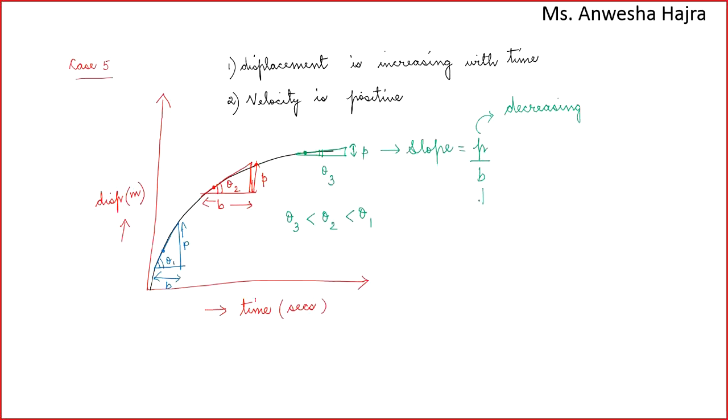The base is increasing. So the slope is actually decreasing. The angle is decreasing, the slope of the graph is decreasing. Slope gives us velocity. So it tells us that velocity is decreasing.